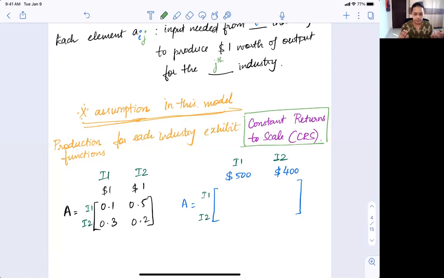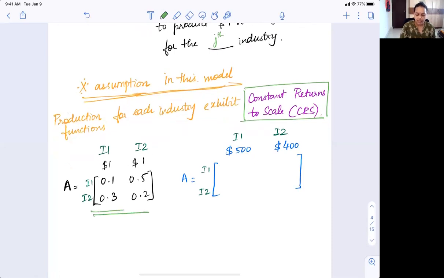So what does that allow us to do? Once you have this technology matrix, which tells you how much input is flowing between the industries in order to produce $1 worth of output, you can always just scale that up and compute the inputs given a certain level of output. So for instance, for $1 of industry one's output, if these are the inputs that you need, then to produce $500 worth of output, you just multiply the first set of inputs by 500, and you'll get the corresponding inputs to produce $500 worth of output.